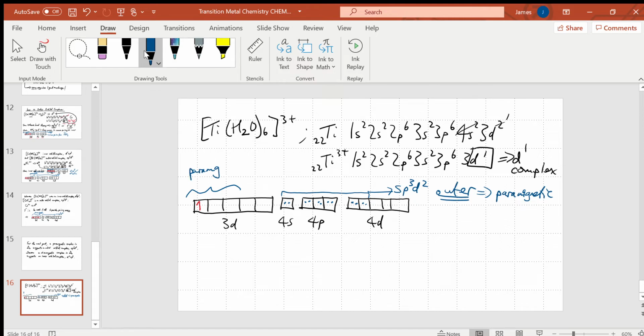Paramagnetic means it has one or more unpaired electrons. Okay, that will allow us to segue reasonably effortlessly into talking about some titanium hexa aqua chemistry, which is what I would like to do now.